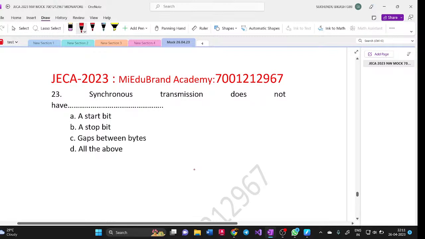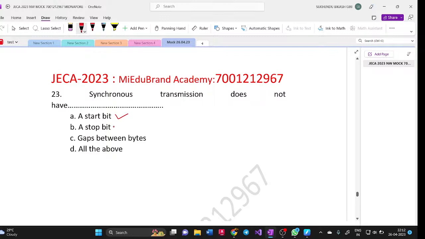Question number 23 and the last question of this session. Everyone should answer it. Synchronous transmission does not have this. Synchronous means sender and receiver both understand each other's speeds. Does it need a start bit?